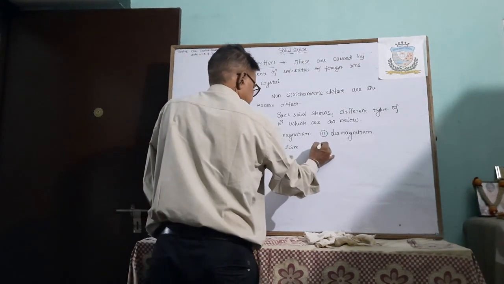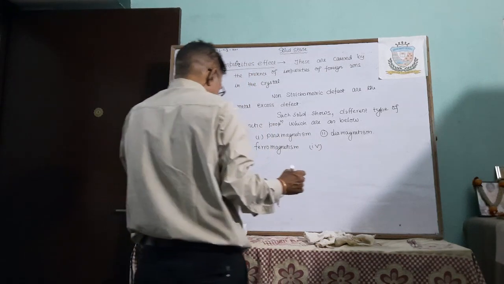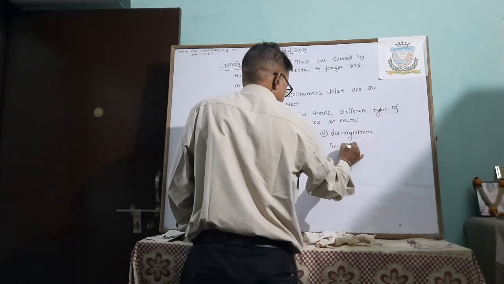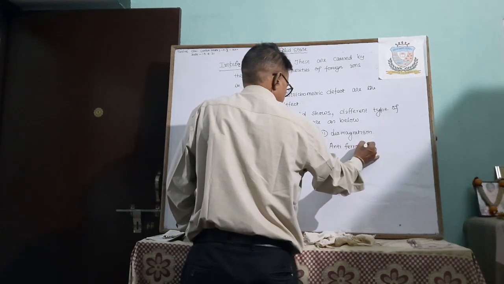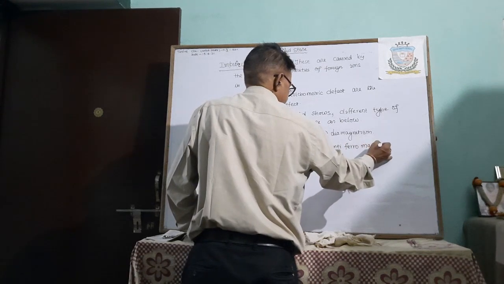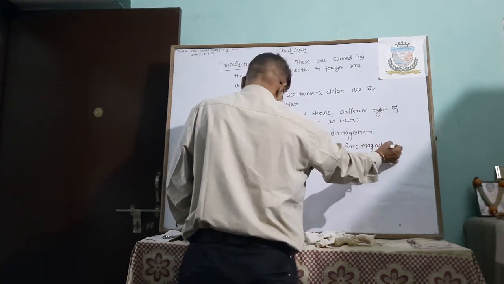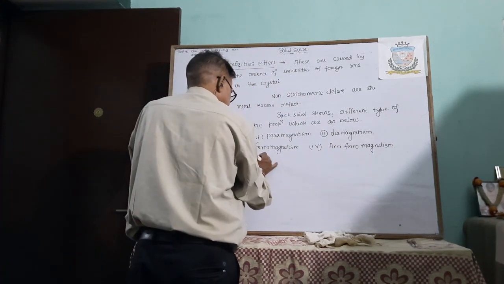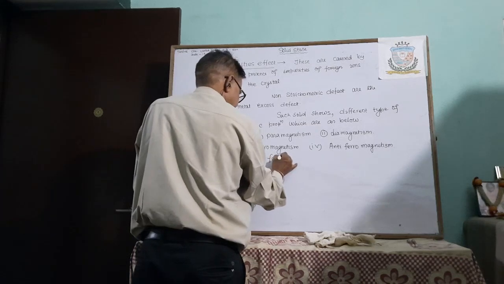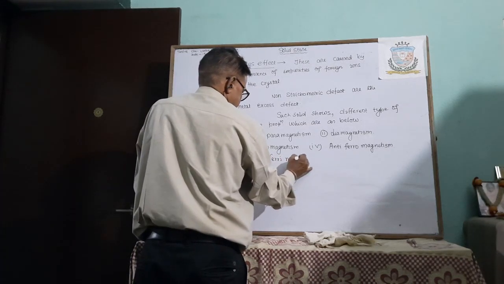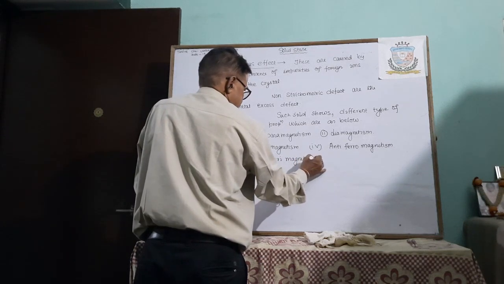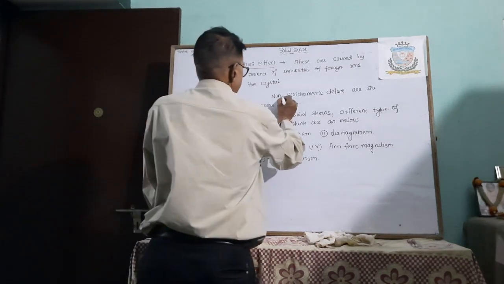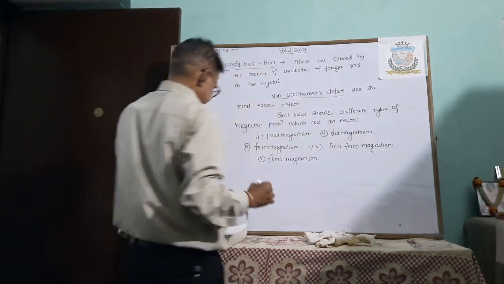Fourth, antiferromagnetism. Fifth, ferrimagnetism. These are the different magnetic properties which are produced due to non-stoichiometric defects.